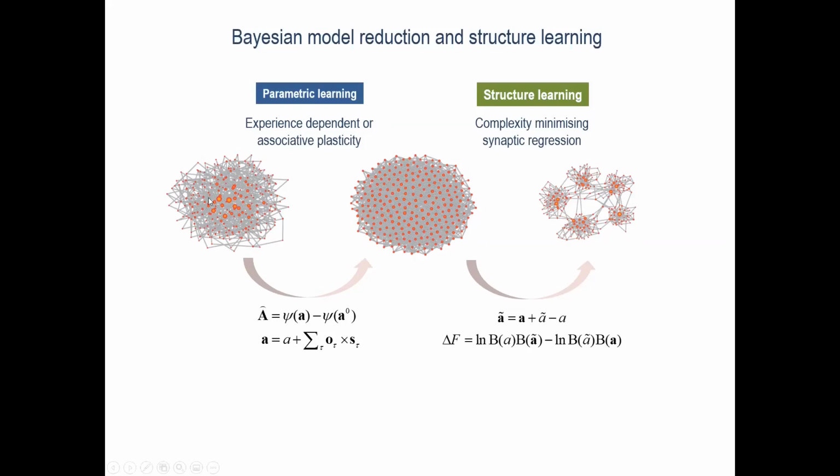Could be a probability transition matrix or a likelihood mapping linking one level to another level of the sort we saw in the previous presentation with deep generative models. It doesn't really matter from the point of view of this graphic. The idea is that we have an over-complete model.